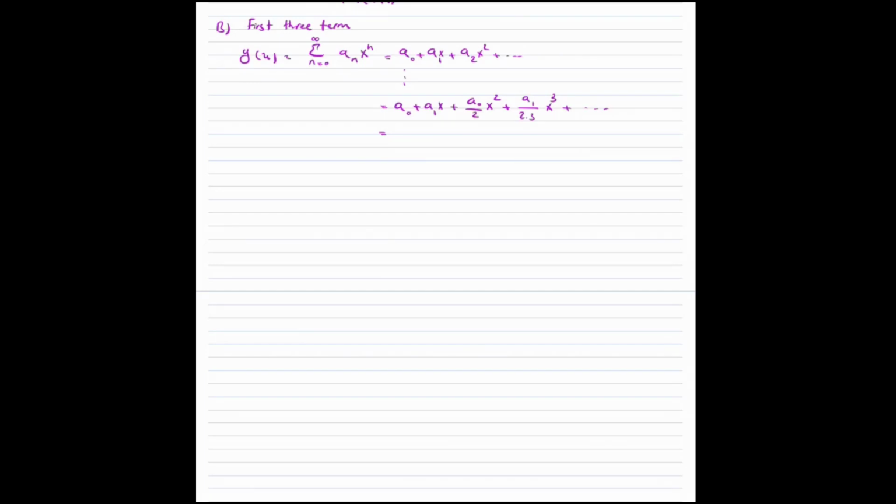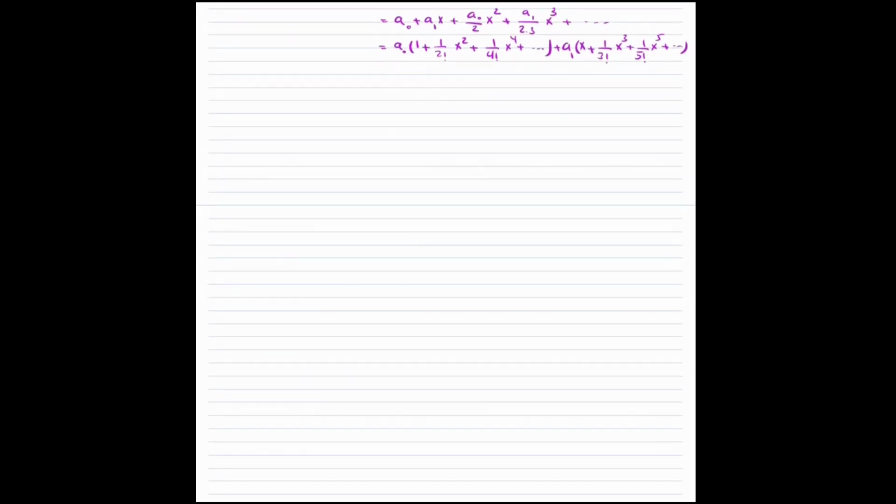So if we factor it, we get a0 multiplied by 1 plus 1 over 2 factorial x squared plus 1 over 4 factorial x to the 4 plus dot dot dot, plus a1 multiplied by x plus 1 over 3 factorial x cubed plus 1 over 5 factorial x to the 5 plus dot dot dot.